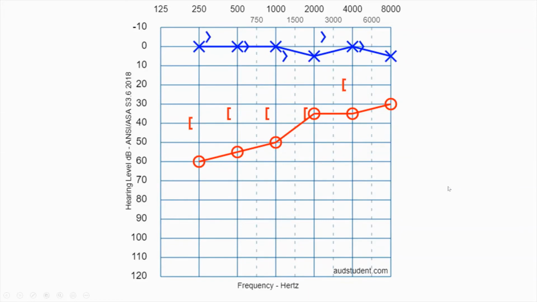Again, let's refer back to the questions. Number 1, do the right and left ear thresholds look similar? At first blush, oh no, they do not.